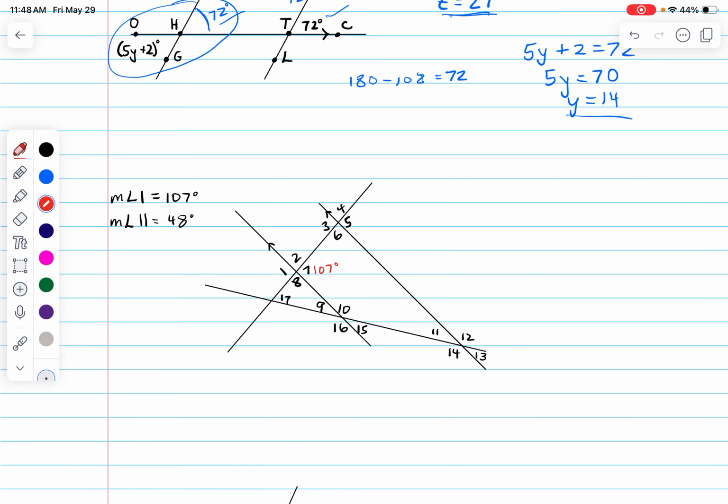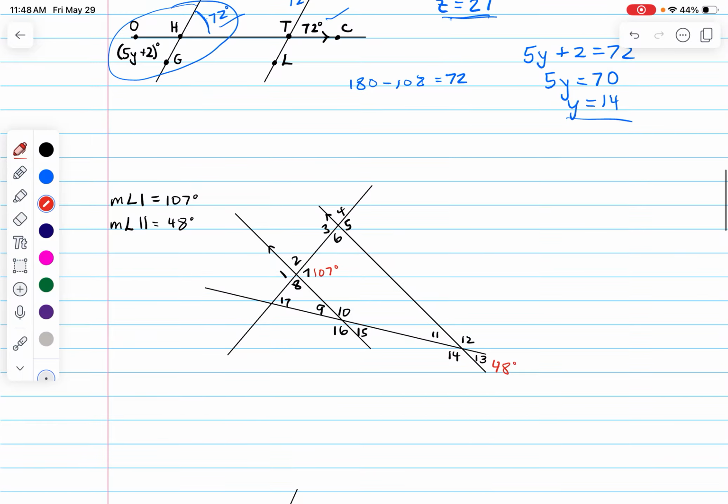If angle 11 is 48, then angle 13 is 48 as well. So I've got those right away. I'll just go ahead and write those in here.